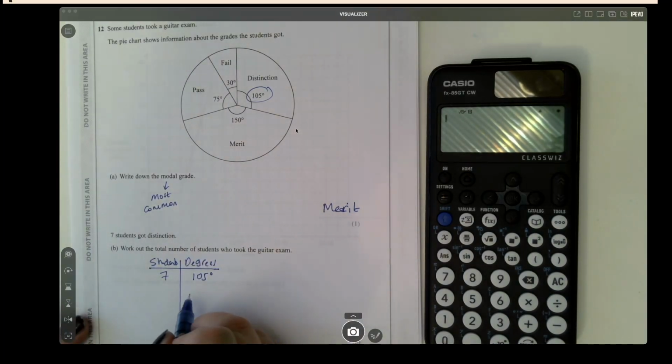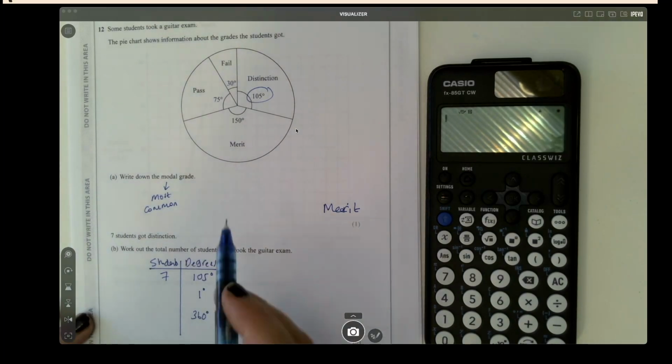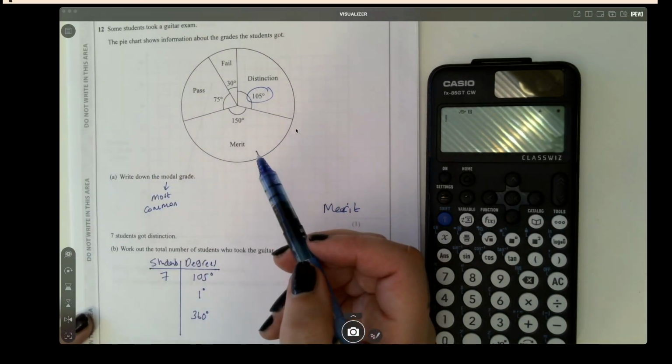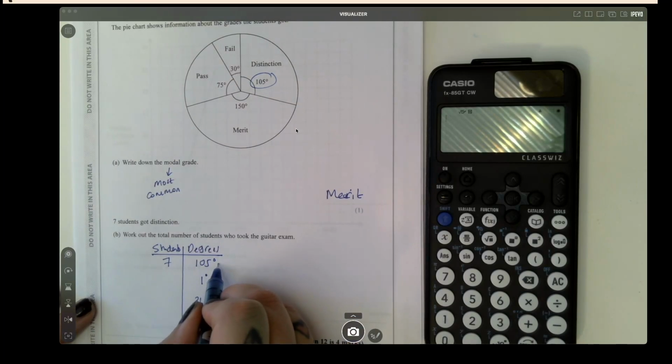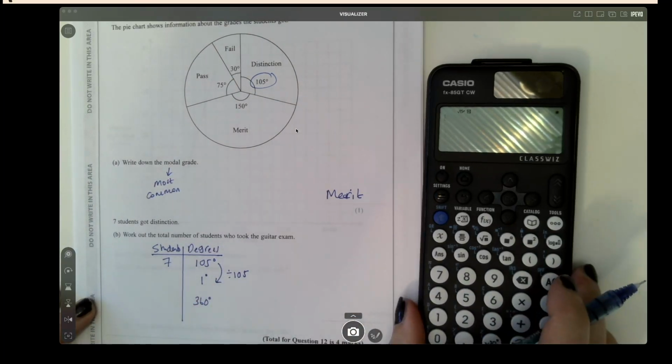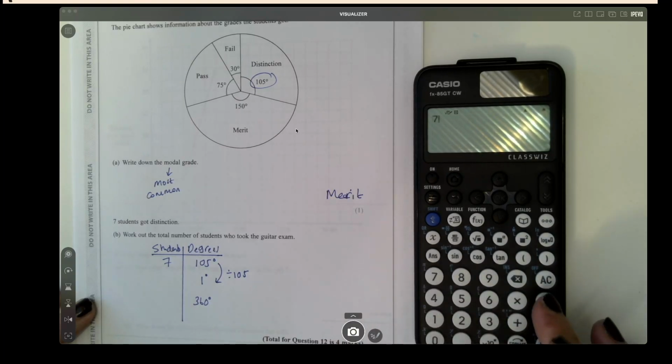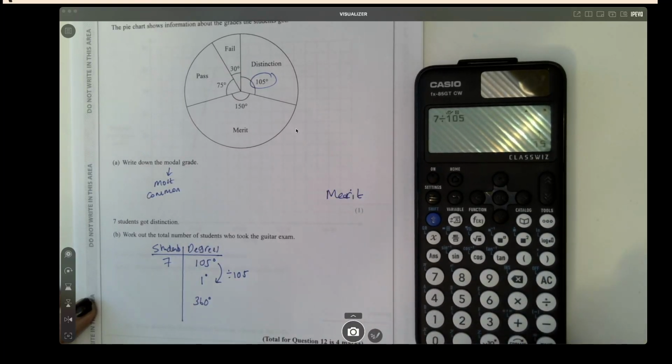Okay. So what we're going to do, we're going to go to 1 degree and then to 360 degrees, because we want to know what the whole pie chart is worth, and the angles inside a circle add to 360. So to go from 105 degrees to 1 degree, we're going to divide by 105. So 7 divided by 105.